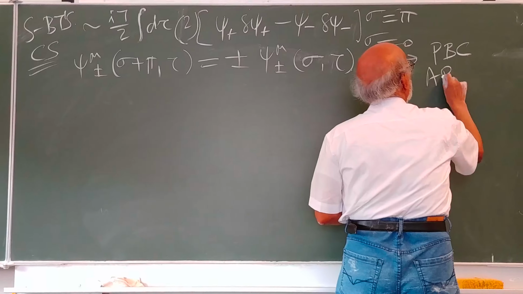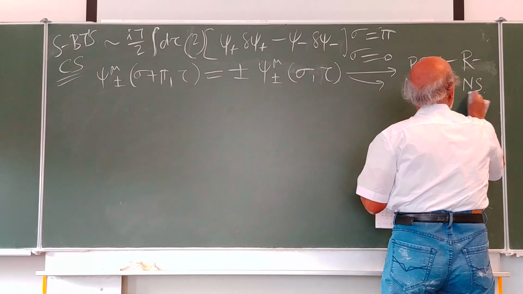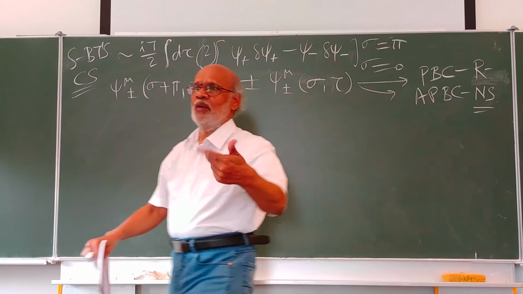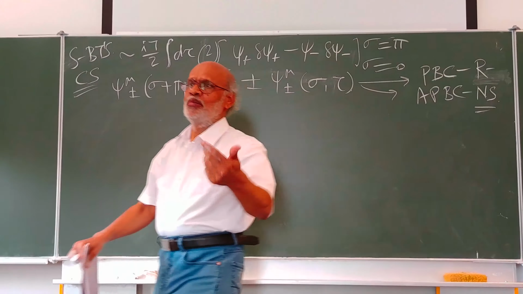In the literature, you have two quantum numbers. For me, one quantum number would be enough, whether these boundary conditions for closed strings are periodic or anti-periodic.